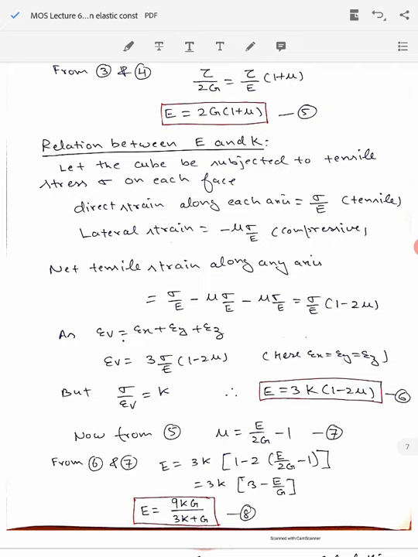We know E or mu, we can find K, or we know K and G, we can find E. So if you know any two of these material constants, you can always calculate the value of the third constant.